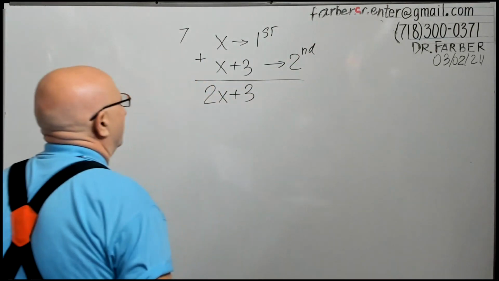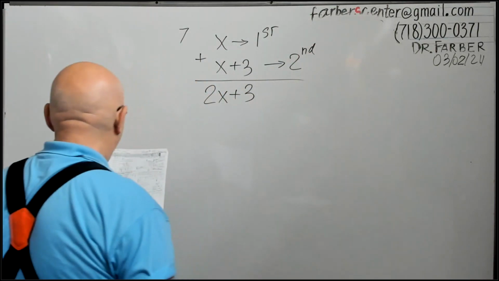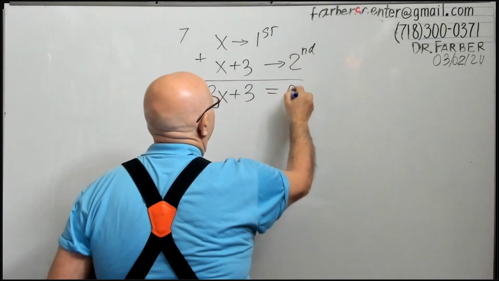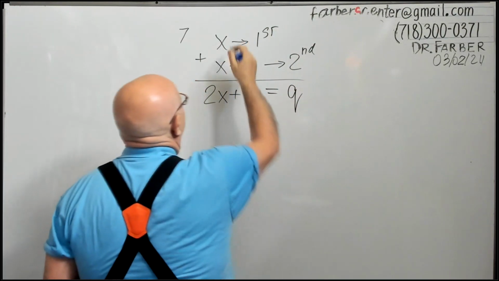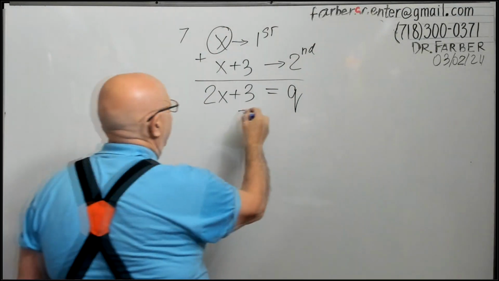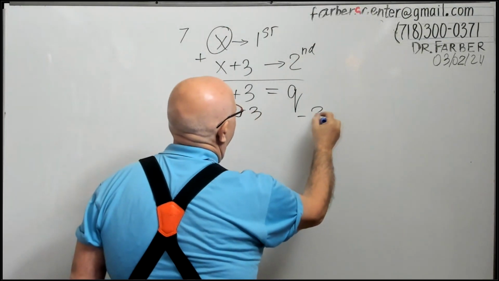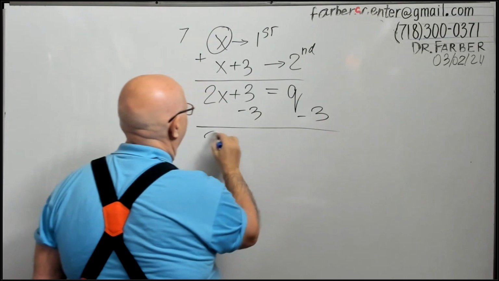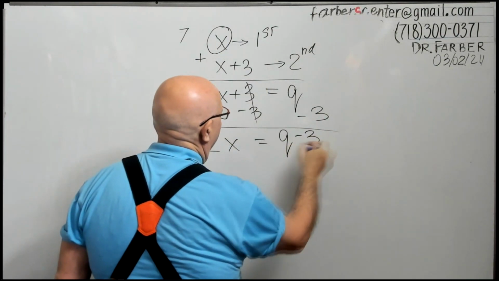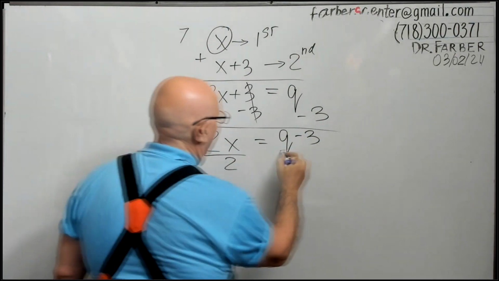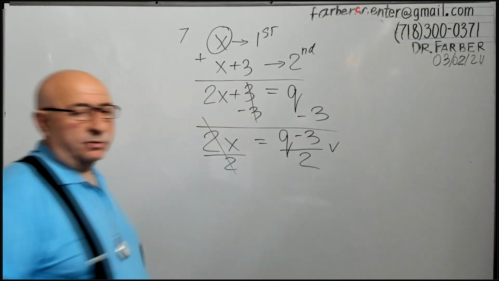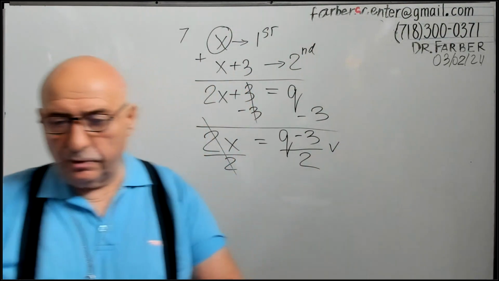And the sum, they said this equals what? q. And they ask you for the smallest number, right? x. So, minus 3, you have 2x equals q minus 3, and divide both parts by 2. So far, so good. Any questions, students?